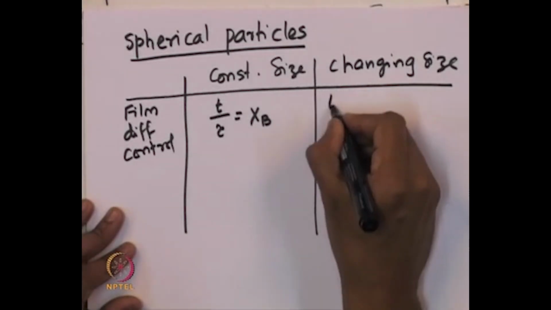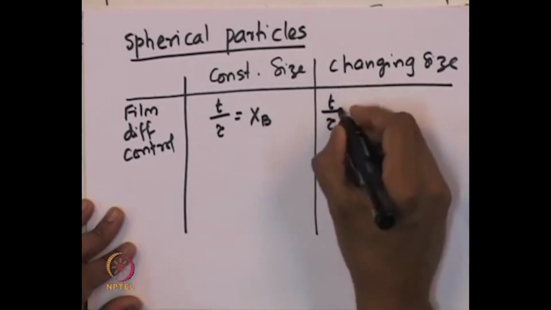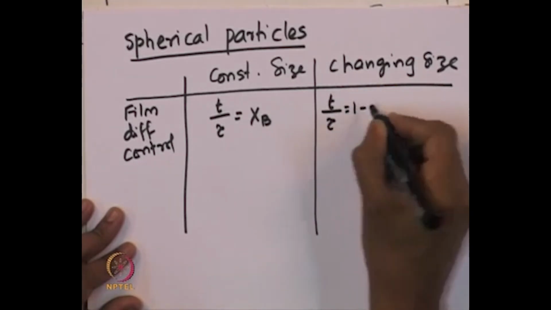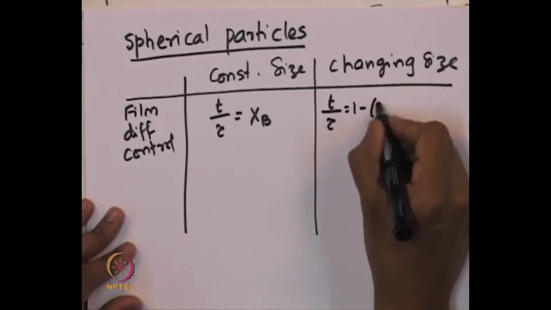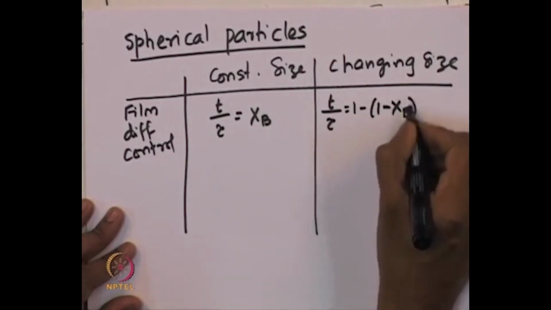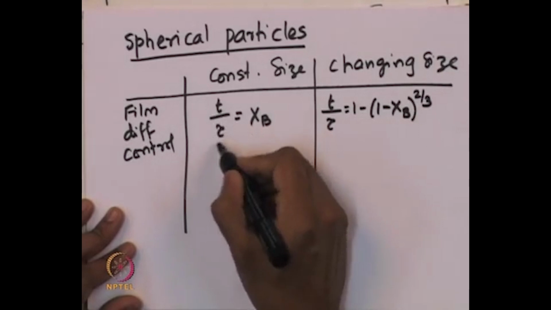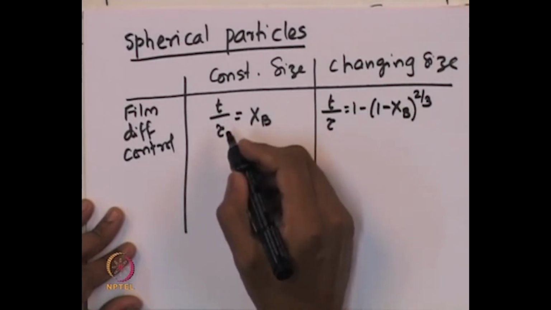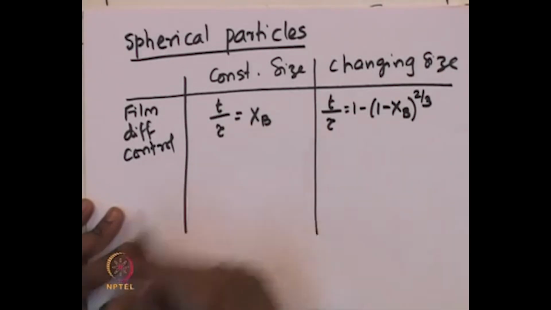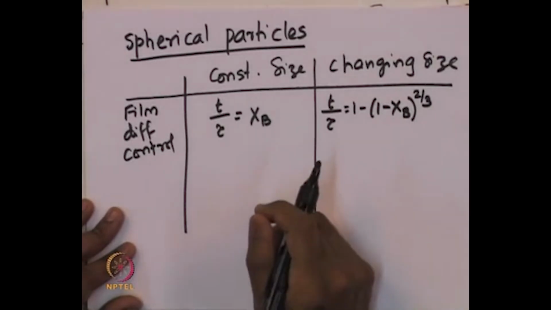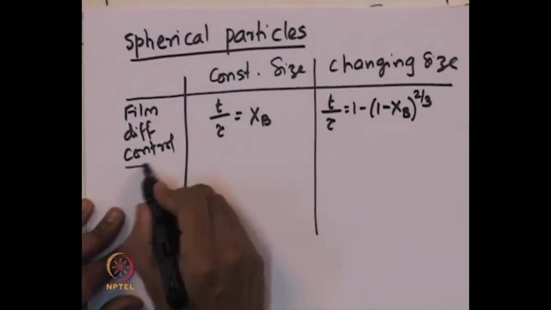And then in changing size, the expression for the same would be t by tau is 1 by 1 minus xb to the power of 2 by 3. Here tau is the time taken for the complete conversion, that is, all of the solids present in the core have gone for complete reaction.